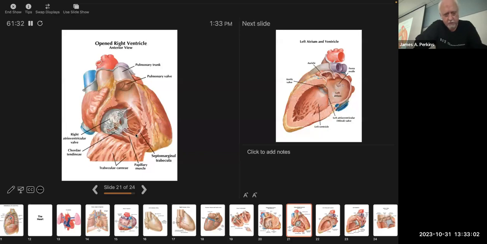Then if you look very closely, kind of hidden way back inside the ventricle, you see the tips of two other papillary muscles back there that are connected to the posterior cusp of the right atrioventricular valve or tricuspid valve. And then the final cusp, the third cusp of the tricuspid valve, is really tiny.